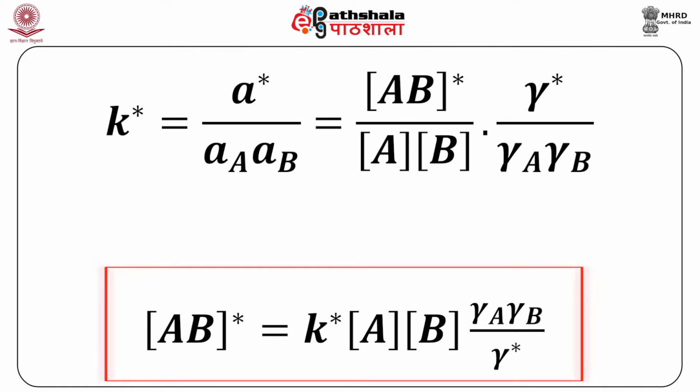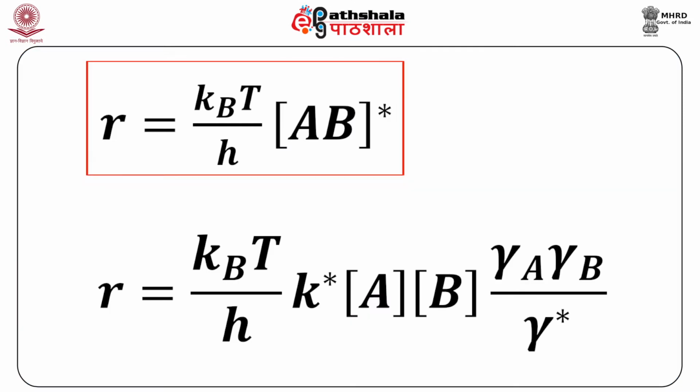So, AB star concentration becomes equal to K star into concentration A into concentration B into gamma A into gamma B upon gamma star. Now, the rate of such a reaction is given by the expression R is equal to kBT upon h into concentration of the transition state complex.